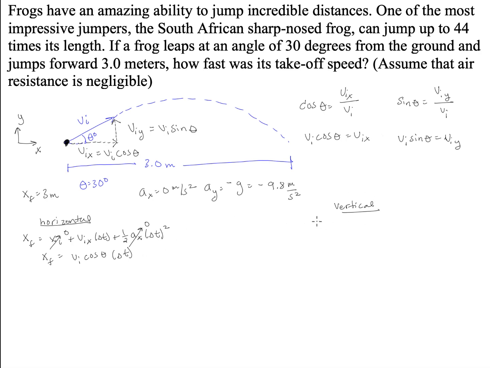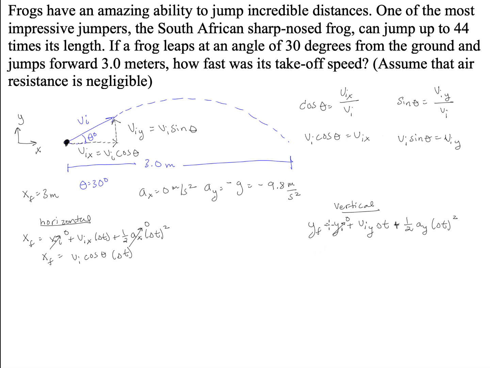From the vertical stuff. So now I can use my generic vertical equation, which is y final equals y initial plus v initial y delta t plus 1/2 a y delta t squared. All right, so again, if the frog starts at the origin, then I know y initial is 0.